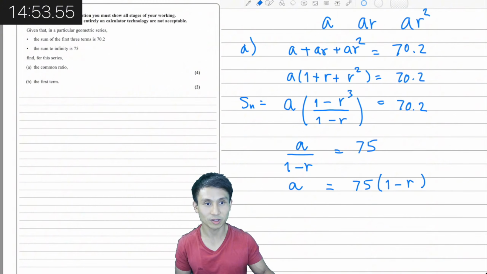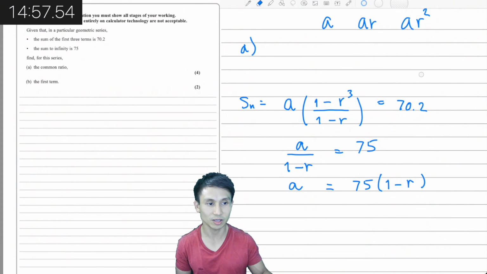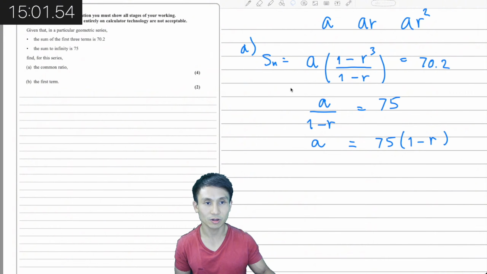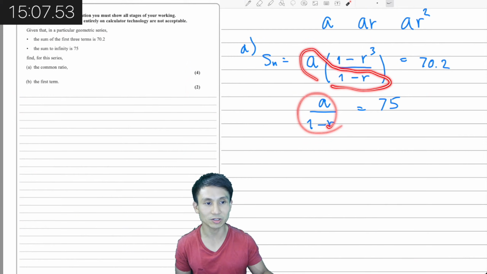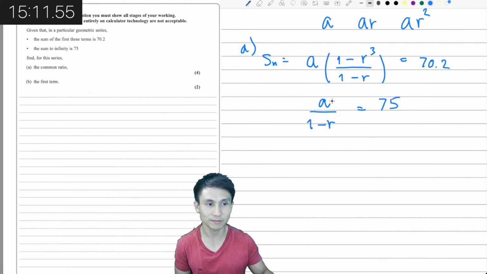Okay, so I'm just going to delete these things, just not to confuse anyone later on. Okay, so if I substitute this into this fraction, I should get 75, right? So that means, let me write this first.